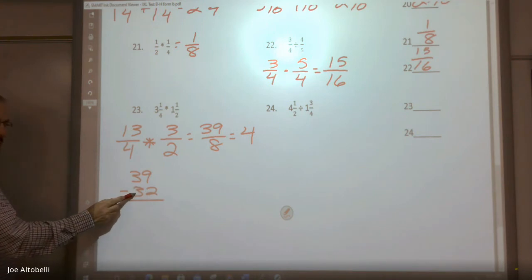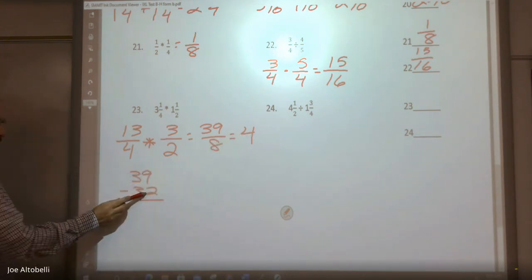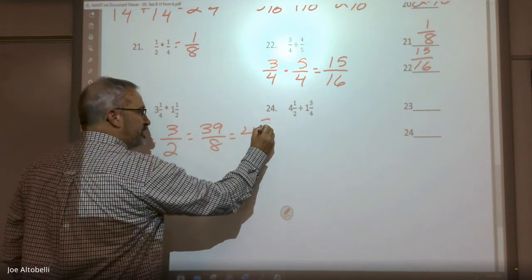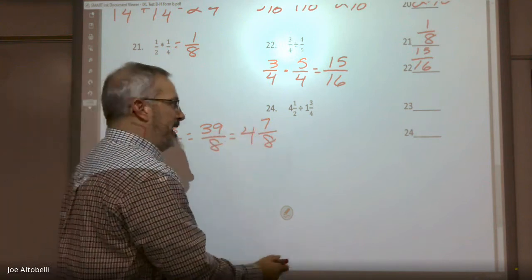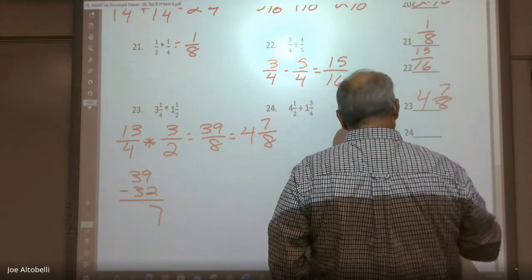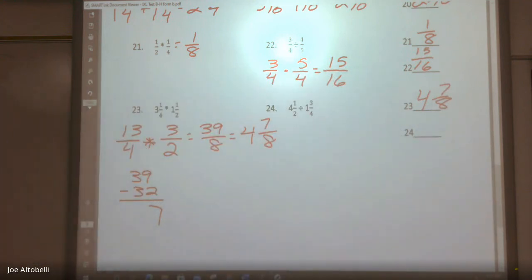Where'd the 32 come from? 4 times 8. 4 times 8 is 32, and when I subtract, I have 7. 7 left over, so it's 4 and 7/8. All right, 24.